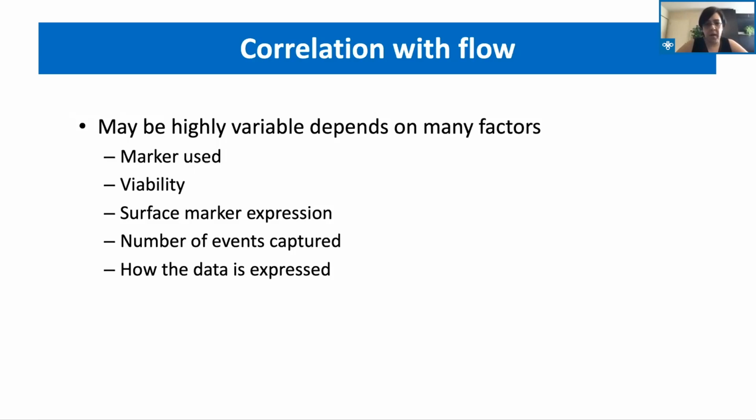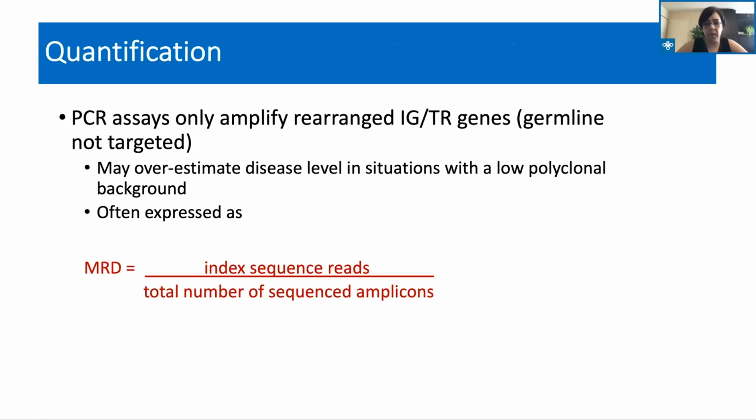So an important thing to note for NGS testing is that the way that you express the value of the residual disease is not necessarily the total number of cells that are in the background, but the total number of sequenced amplicons.